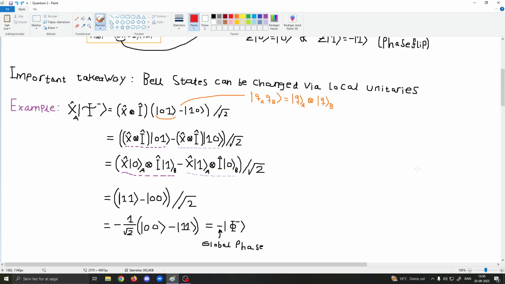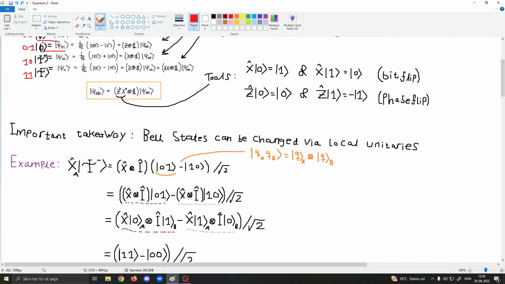Something to notice, which is pretty cool, is that a Bell state can be changed globally by applying only a local unitary to one of the qubits. Now, let's look at an example of a bit that Alice might want to send.